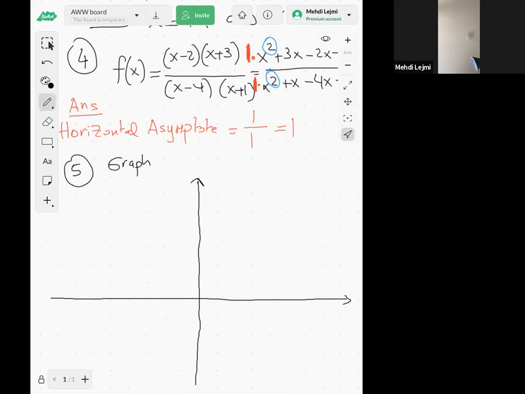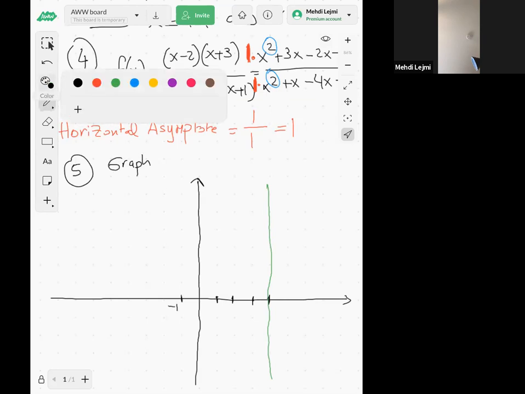So it's x equal to 4. This is 1, 2, 3, 4. So here's my first vertical asymptote, x equal to 4, and the other one is x equal to negative 1. So here's my negative 1. So this is x equal to negative 1. This is my vertical asymptote, right? 4 and negative 1.